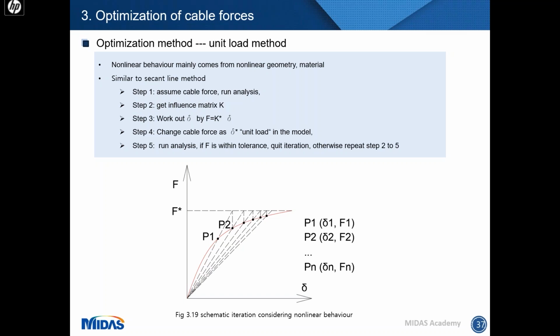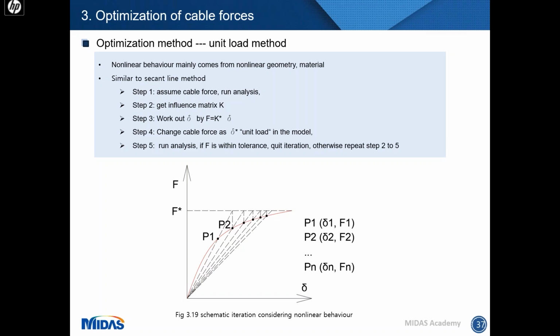It might also come from material, such as concrete shrinkage and creep. The unit node method is linear because the matrix is linear, but we can use it to consider nonlinear behavior by iteration. This is similar to the dependent line method.